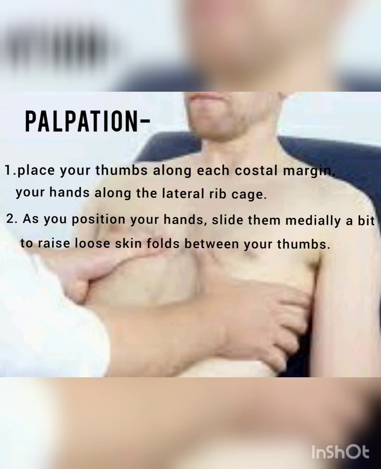Palpation. Place your thumbs along each costal margin, your hands along the lateral rib cage. As you position your hands, slide them medially a bit to raise a loose skin fold between your thumbs.